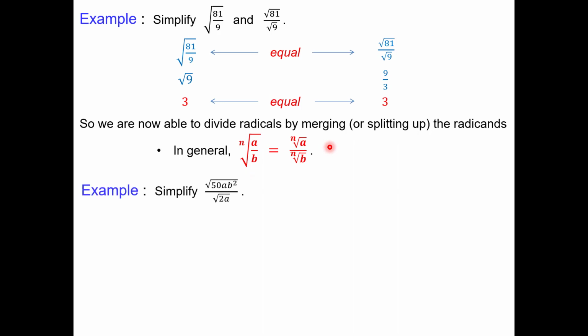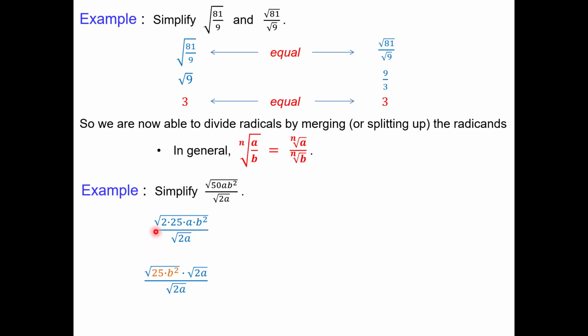We have 2 separate square roots, but we are dividing them. So we have square root of 50ab squared on top, divided by square root of 2a on bottom. 2 times 25, which makes 50. And then we just put our multiplication symbols to clearly see the factors. And so notice just a rearrangement here, because we just talked about this.